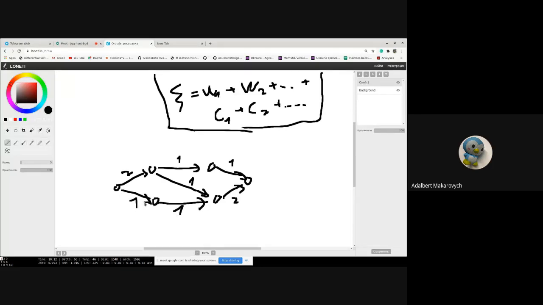Let's split every edge into several edges by the amount of flow we passed through it. So for example, here we pass 2, so we will create here 2 edges. And here we pass 2, so we can create here 2 edges.